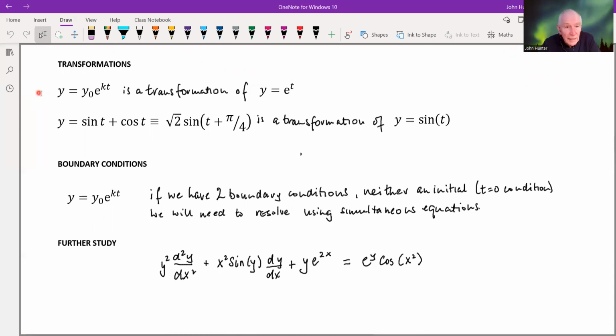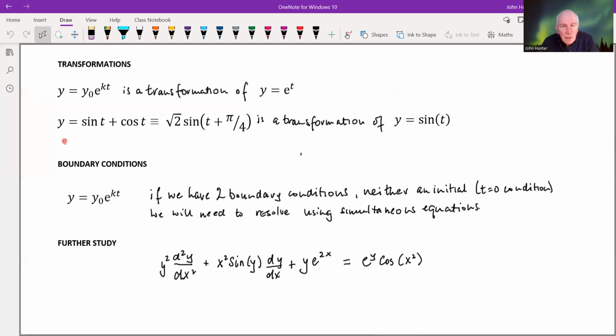If you can recall transformation of graphs, this graph is a transformation of y equals e to the power of t. We've got an upward stretch by y0, and a horizontal stretch or squash by k. So that is something you might need to be aware of in some forms of problem.